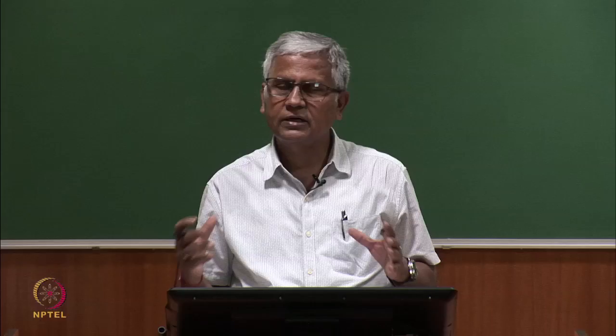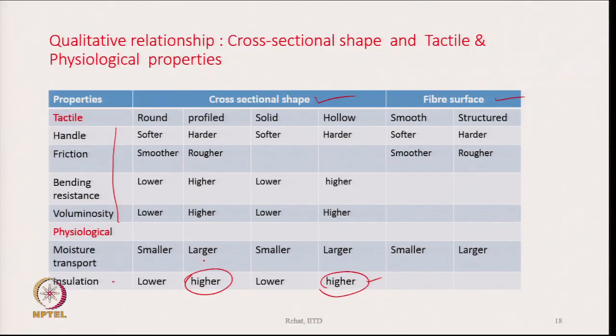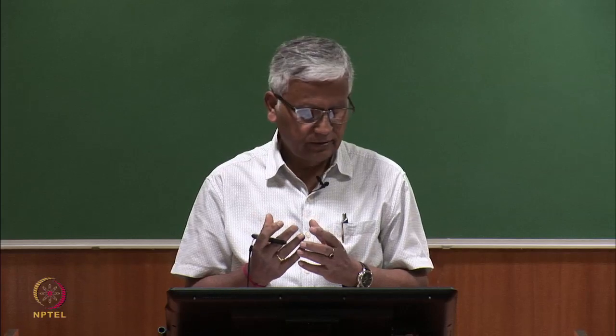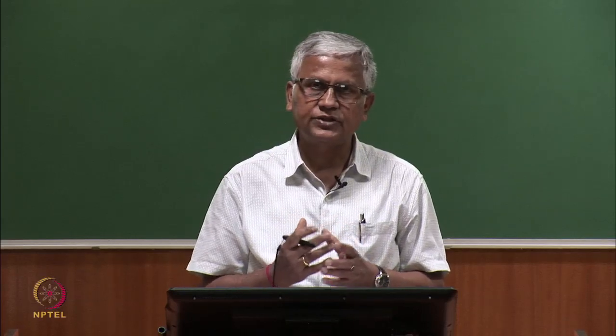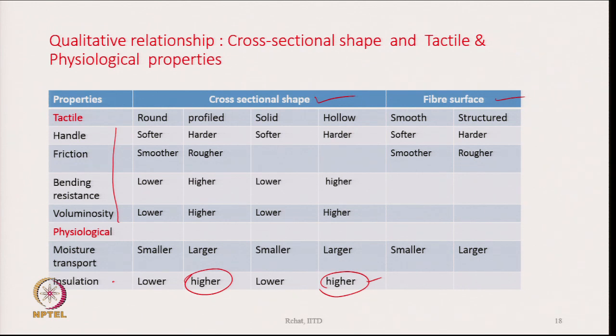This hollow part is going to contain air. Profile fibers will also give you higher insulation, because fibers will not be able to pack very well, and therefore there will be a lot of voids between the fibers, and hence a lot of air will be trapped, and therefore insulation will be more.